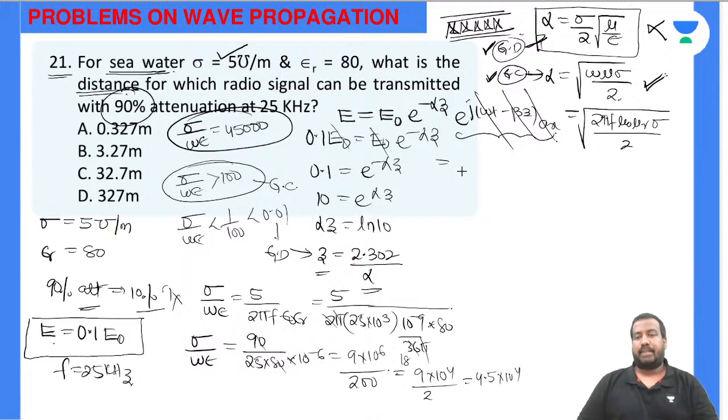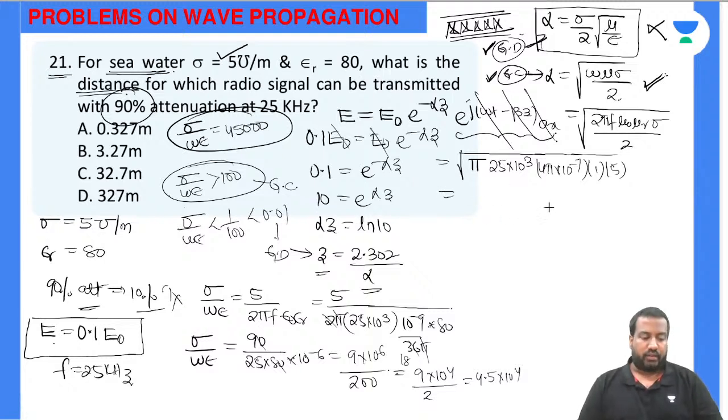That implies alpha is under root of pi into f, 25 kilohertz, 25 into 10 power 3, mu naught 4 pi into 10 power minus 7, mu r. Is mu r given? I don't think so. No, mu r value is 1. Sigma is 5. Everyone find out alpha value and tell me.